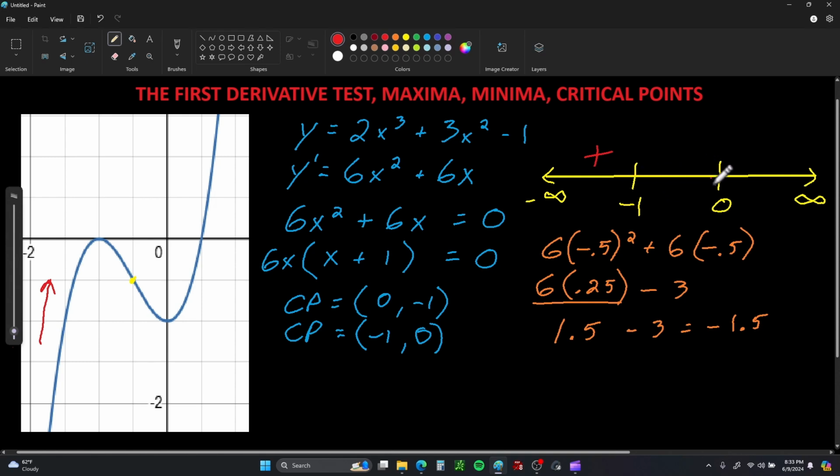So between -1 and 0, this function is decreasing because this is negative for the first derivative. And you see that decrease here.